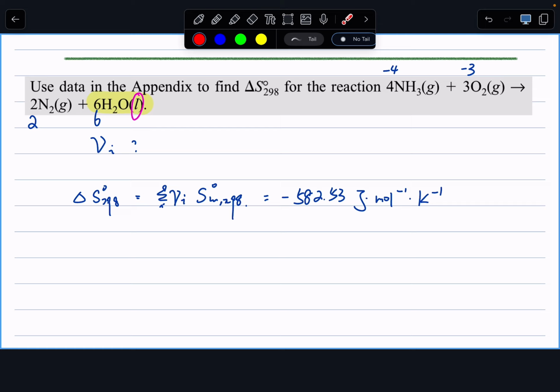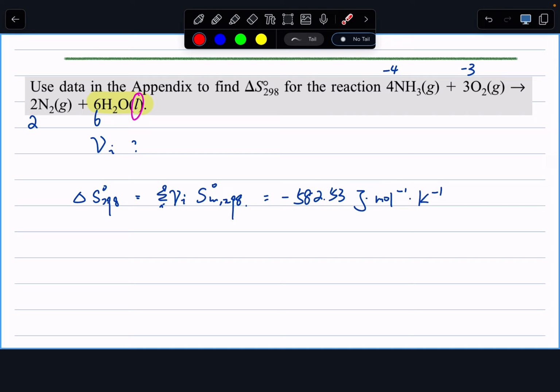So in this reaction, a negative entropy is telling us we have fewer gas molecules. If we look at the reaction, we started with 7 gas molecules, and we end up with 2 gas molecules and 6 liquid molecules. So this negative number actually makes sense. We have a decreased entropy because we have reduced our number of gas molecules in our reaction.